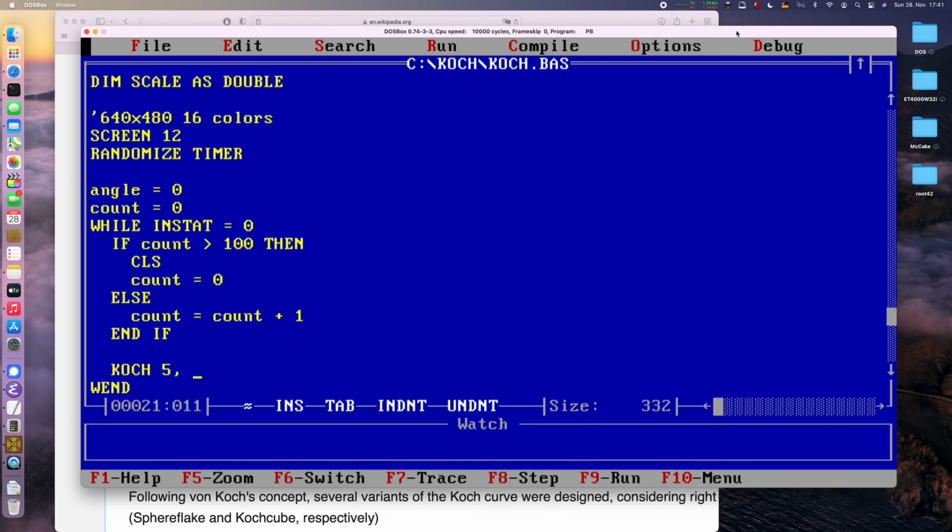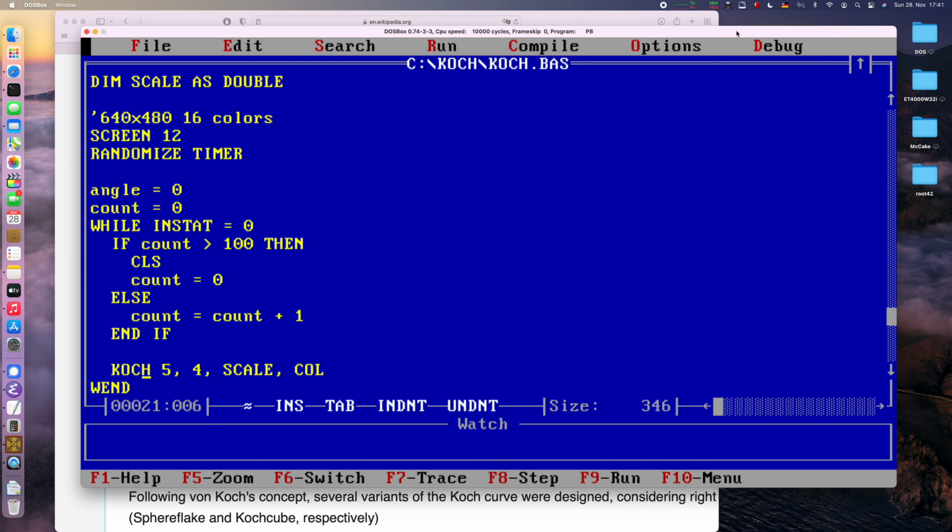Then how many subdivisions, and I figured out 4 are pretty nice detail, not too much detail that it gets weird on the screen. We also need to pass it the scaling of the curve, so we need another variable called scale, which we defined up there, and also the color of the curve.